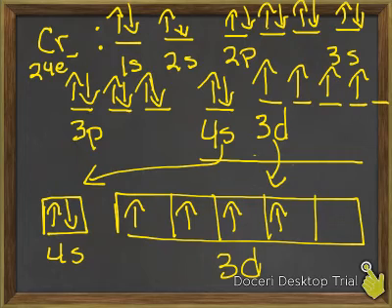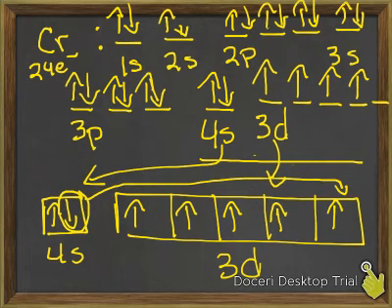Which rule is he going to break? He is going to break the Aufbau principle. Well, if you look, he has one lonely orbital, right? Nobody's over here in this orbital. Well, he says, I have 2 guys in 4s, but I have 0 guys in one of my 3D orbitals. So what he does is he takes this electron and he relocates it over here. And to him, it is more stable to have 6 half-filled orbitals than to have 4 half-filled and 1 empty and 1 full.